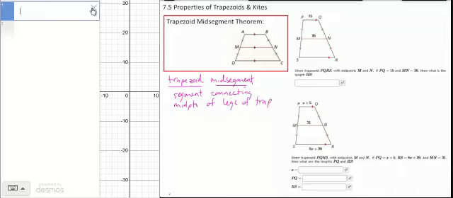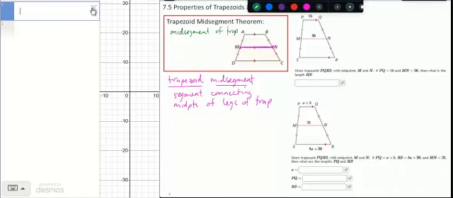Okay, and so here, if M and N are midpoints, and you can see from the tick marks that that's the case, then that means that MN is the midsegment. And the midsegment theorem states the following. The midsegment of a trapezoid has two conditions. Much like the triangle, it's parallel to each base.